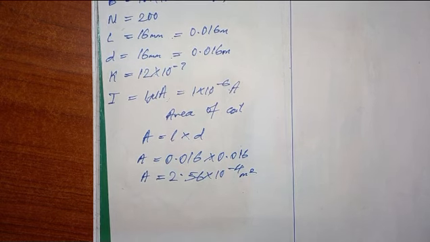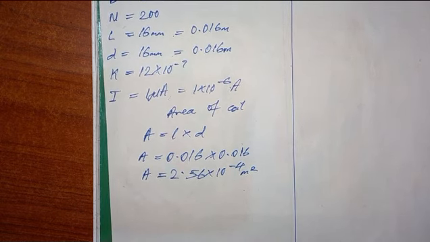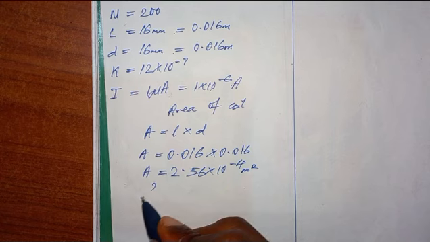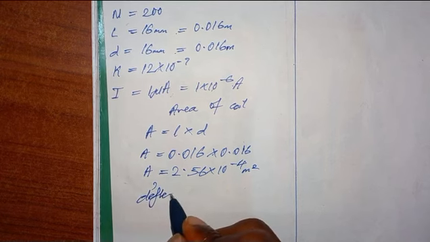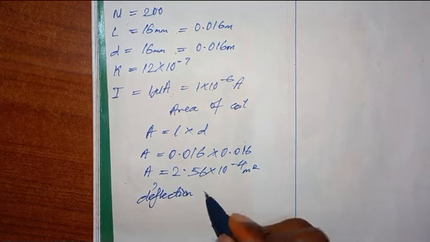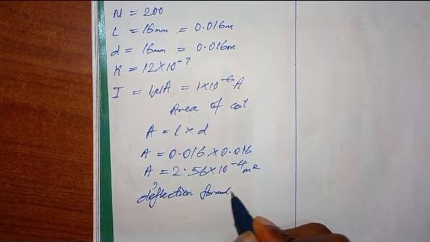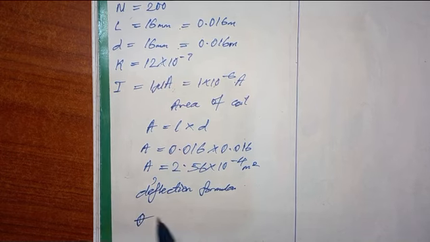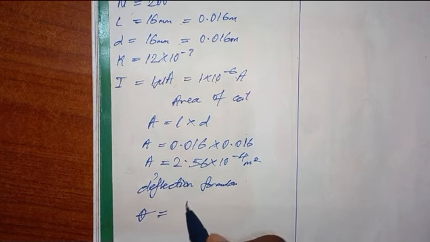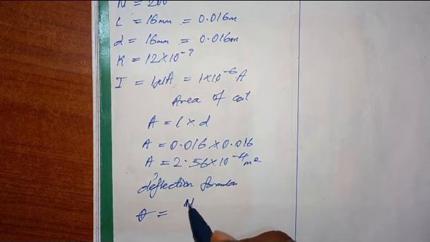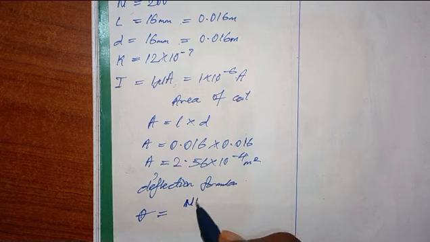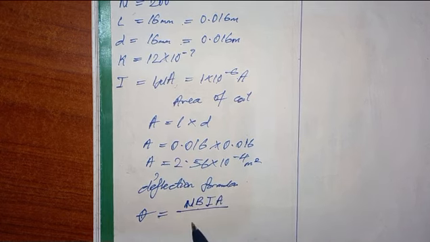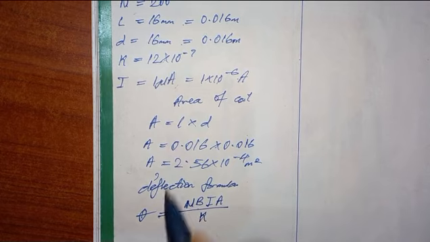Since we have solved for the area, then we look for the deflection. This is the deflection formula: theta is equal to n times B times I, which is current, times area, all divided by the constant that was given.